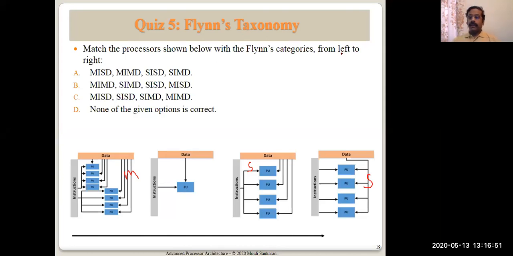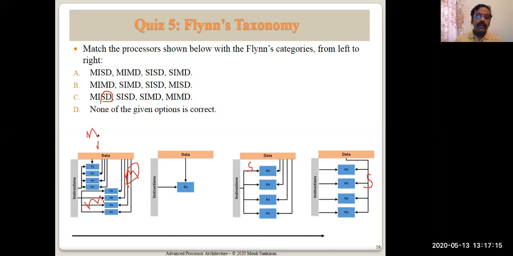So why did you get it wrong? Why are many giving C? Is it MISD? Instructions are correct. It is M. But data is not; data is different. Data is given to different elements. So SD is not correct.